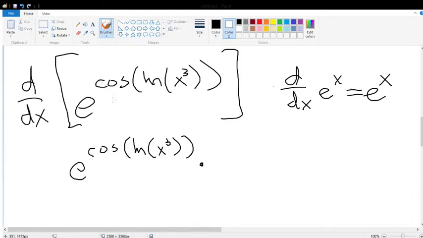The thing about the chain rule is that you have to realize which layer comes next. The next layer is cosine of x. We're not multiplying by cosine of x; I'm just saying the next layer is this portion right here, and the outside function is cosine. So we take the derivative of cosine of x, which is negative sine of x.